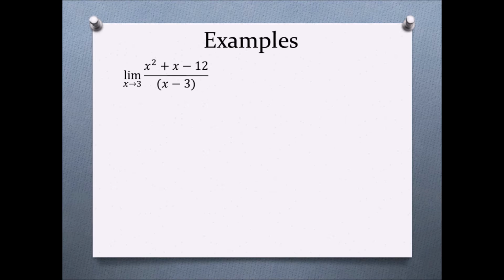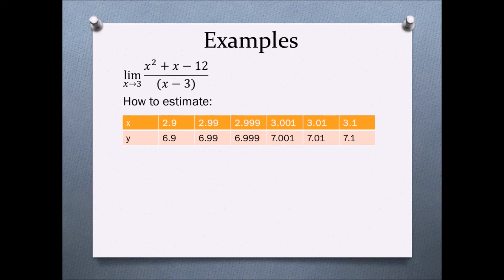Let's do something a little trickier. Here we have this function, and notice if you try to substitute 3 in for x, you actually end up with 0 over 0, which doesn't tell you what your answer is. So how do you solve this? Okay, first of all, let me show you how you can estimate this. Just plug in values for x and try to get them closer to 3 and see what value y looks like it's approaching.